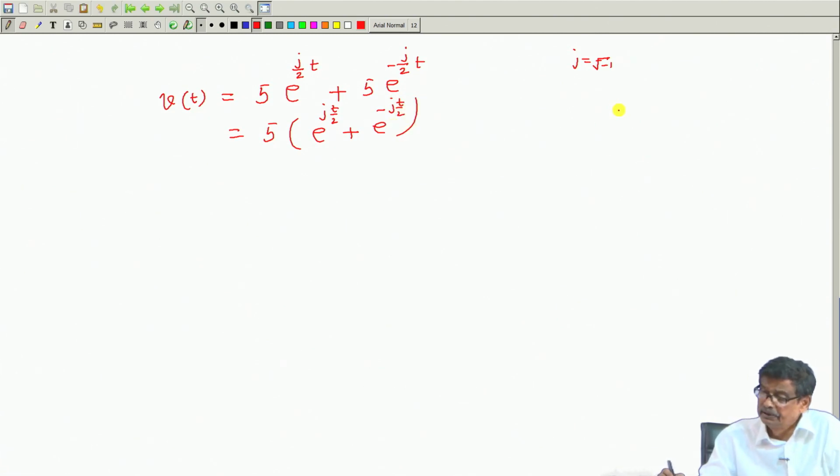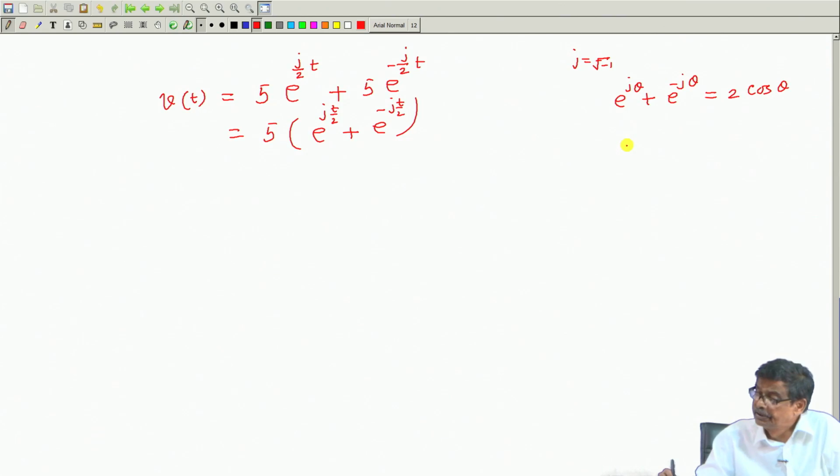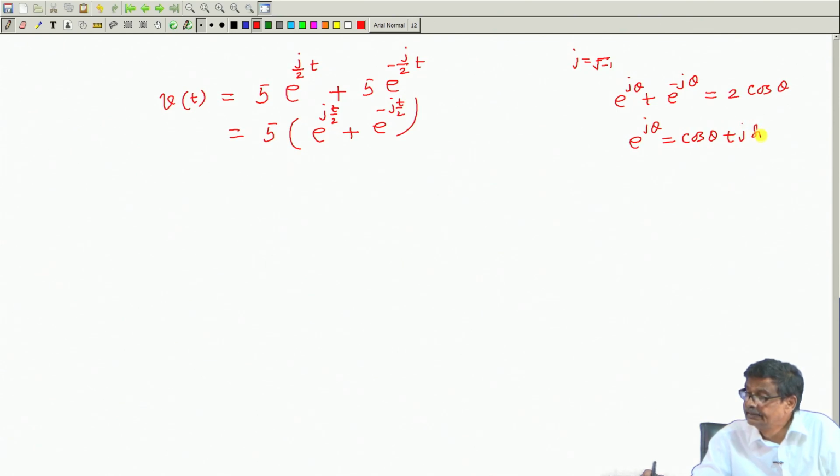You must be remembering that e to the power j theta plus e to the power minus j theta will be equal to 2 cos theta, because e to the power j theta is equal to cos theta plus j sin theta, and e to the power minus j theta is equal to cos theta minus j sin theta.